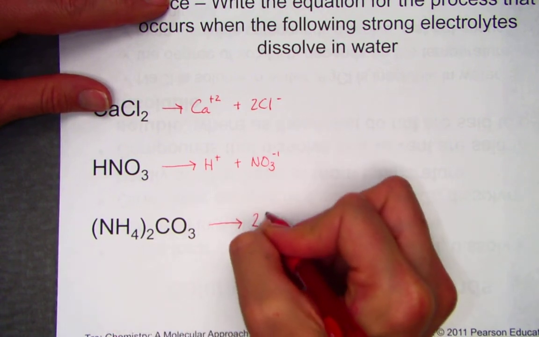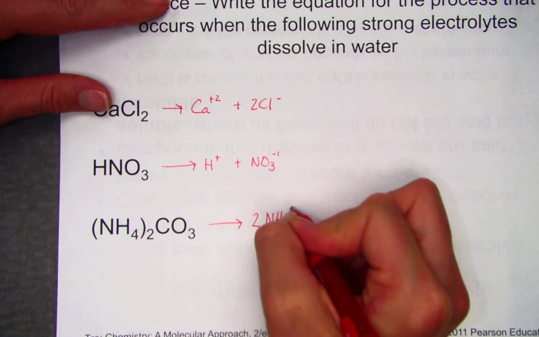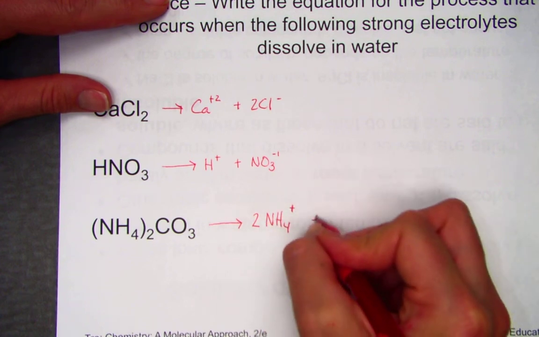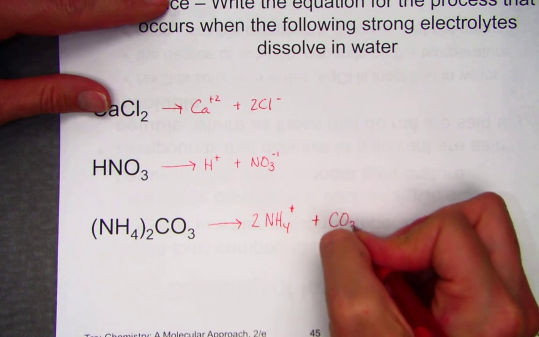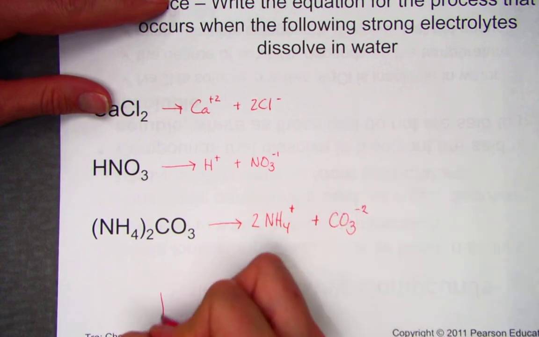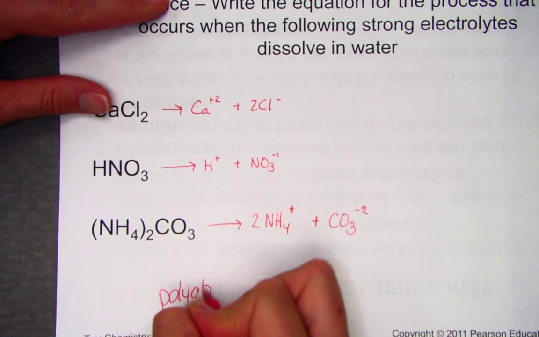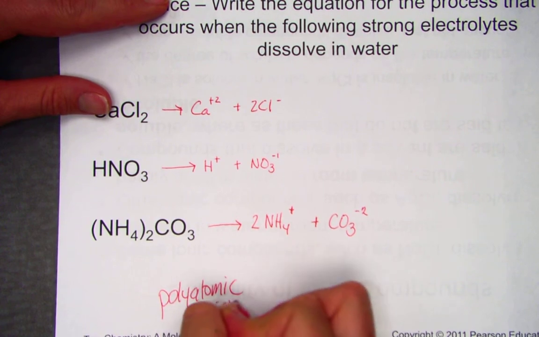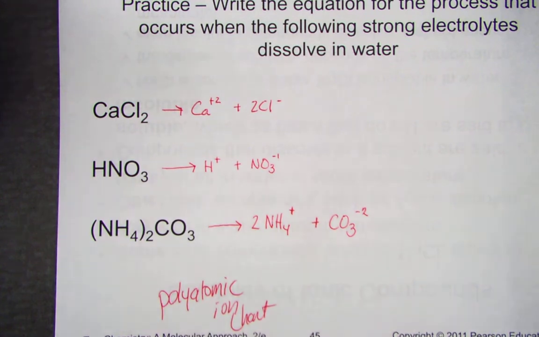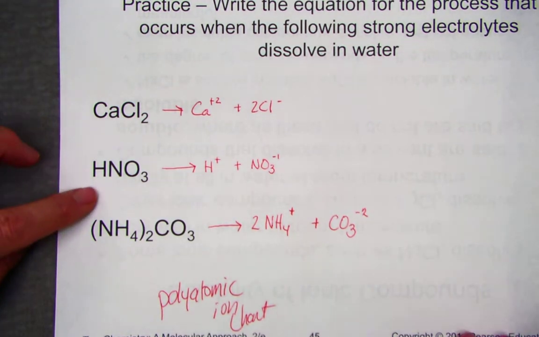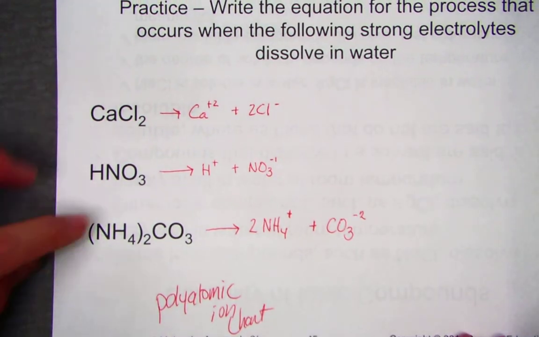Ammonium is the positive polyatomic ion. 2 ammoniums, and carbonate carries a -2 charge. You have, I believe you do, a polyatomic ion chart that helps you find the names and the charges for these dissociated forms of salts. These are all strong electrolytes.